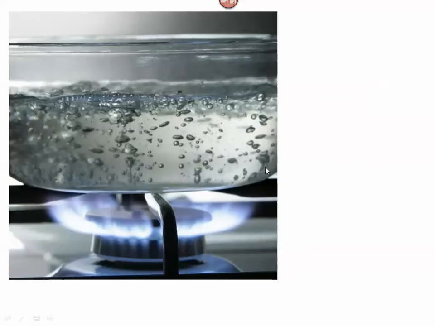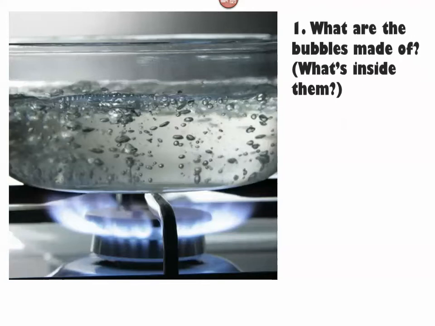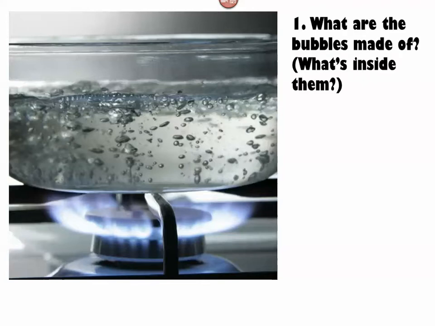So if you look at boiling water, you see all those bubbles in there. What are those bubbles made out of? What's inside of them? Well, it's not oxygen or carbon dioxide or hydrogen or anything like that. Inside those bubbles is water. Inside these bubbles right here is water, but it's water vapor.